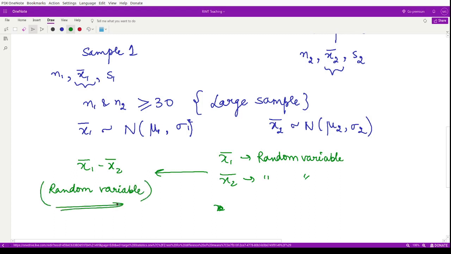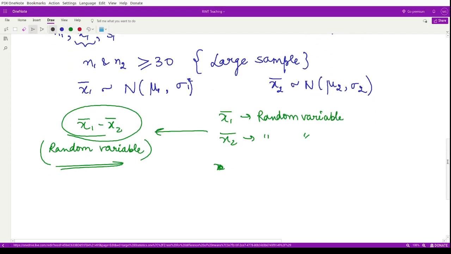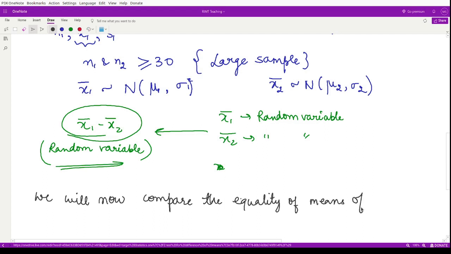So now our focus would be to apply the test onto this variable x1 bar minus x2 bar. Basically, in the hypothesis, we will now compare the equality of means of two samples from different populations. That is the aim here, right?